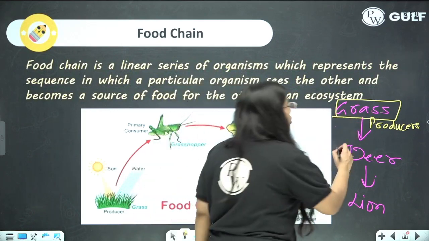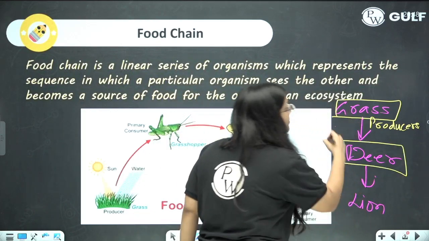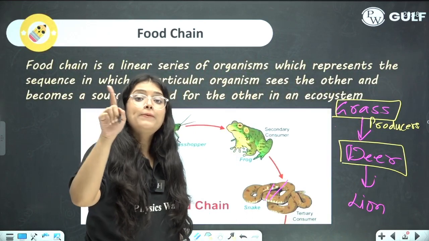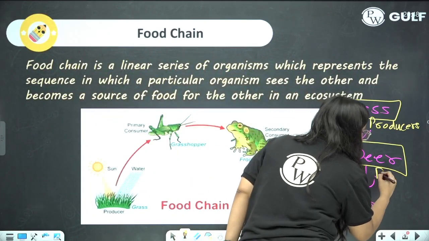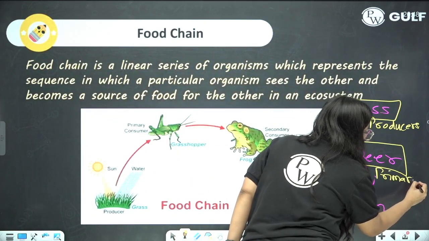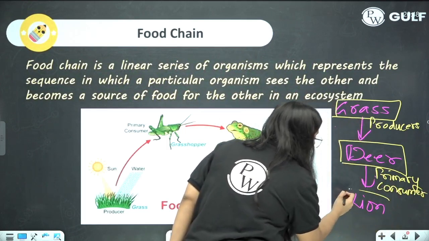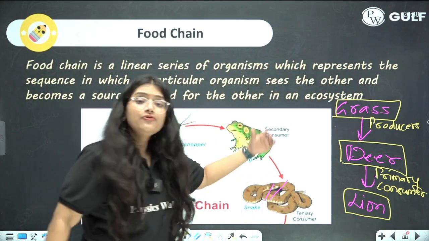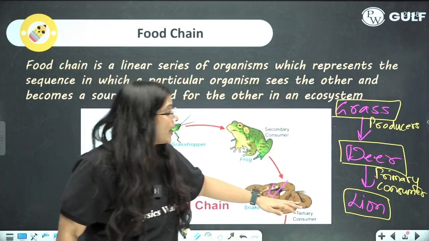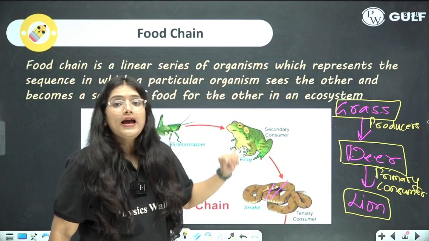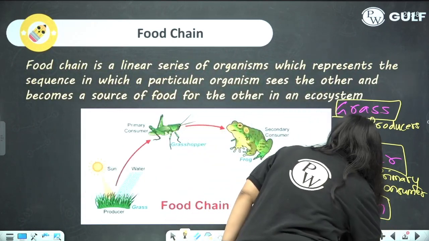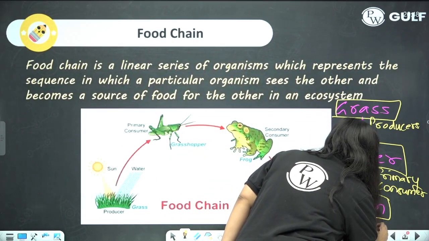So those organisms that feed on the producer are known as the primary consumer. Primary consumer, why? Because it feeds on the producer. And we have this lion feeding on the deer, the primary consumer, and that gives it the secondary consumer name.